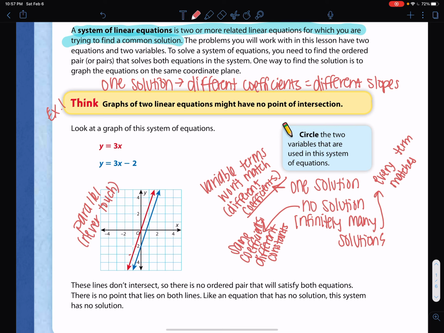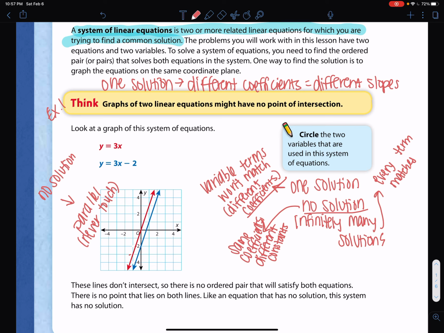If they never touch, and we just talked about the definition for the system of linear equations, if they don't have a common solution, then they have no solution. So if you have a set of parallel lines, this is automatically no solution for this system of linear equations. All right, and then we're going to prove that by putting together what we did in our last lesson and matching that with the no solution that we learned.